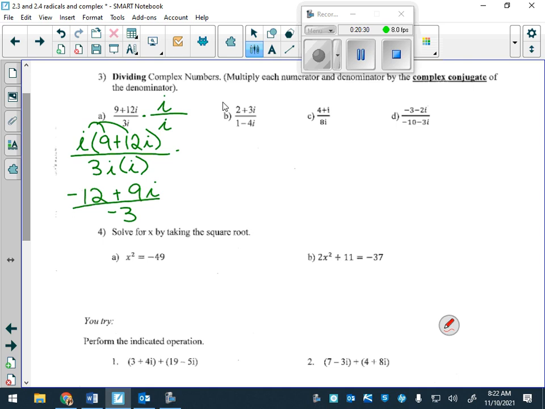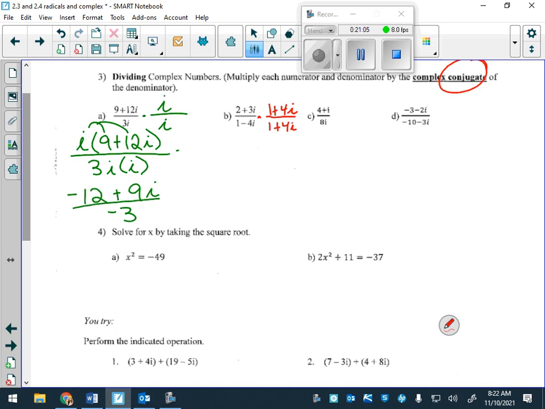Yeah, the conjugate. So we have to multiply top and bottom by 1 plus 4i. Again, this is the conjugate. The only thing you're changing is the sign, which changes to a plus. Yeah, Hannah? Because we can't have i in the denominator.